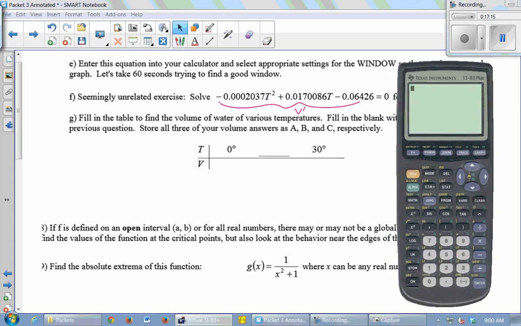We set it equal to 0 and use the quadratic formula: negative b plus or minus the square root of b squared minus 4 times a times c, over 2 times a.